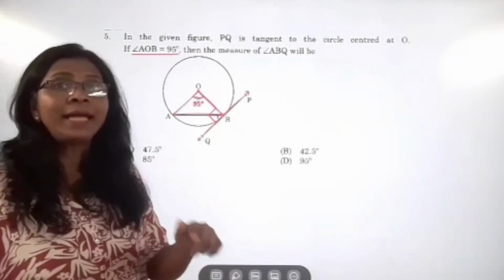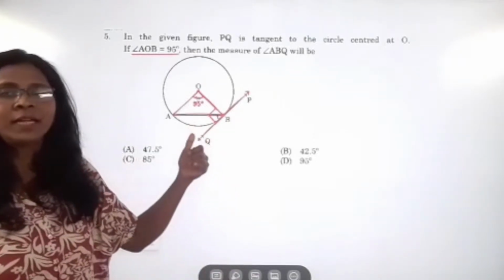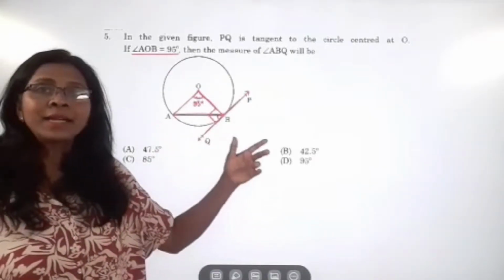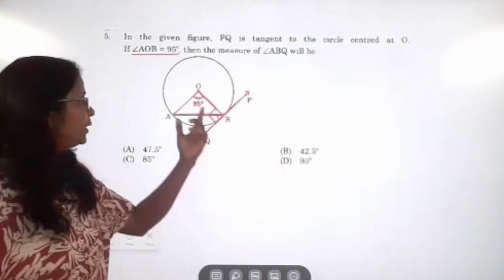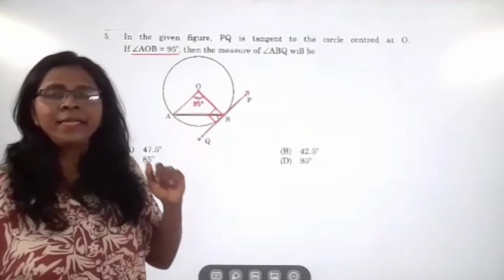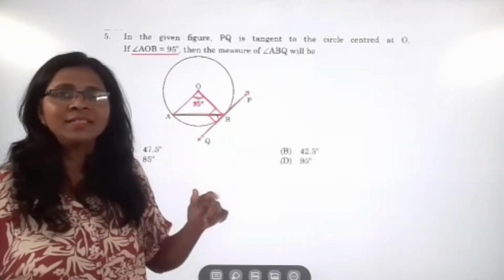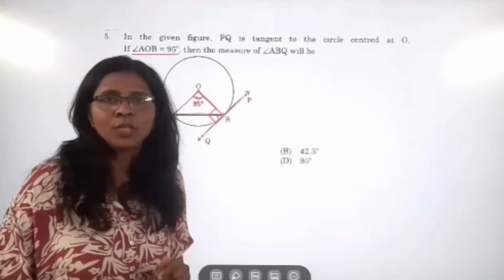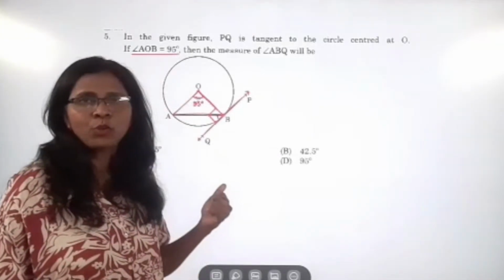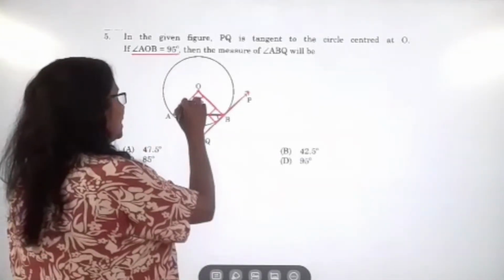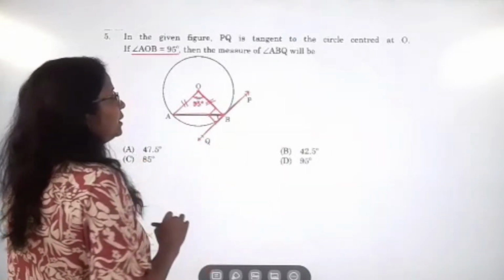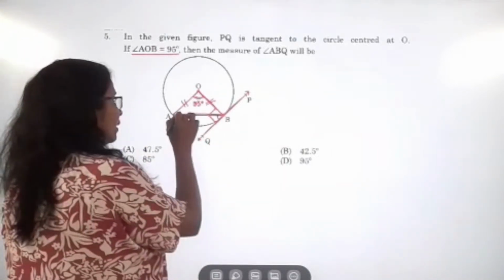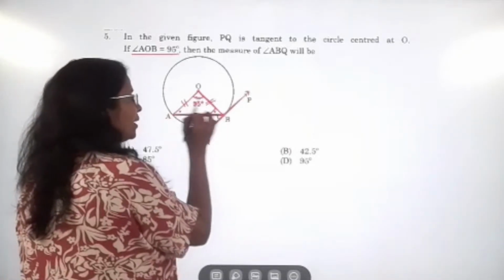And here students, as well as the triangle is given, and that triangle is triangle OAB. In triangle OAB, OA and OB are the radius, and that means this triangle is nothing but an isosceles triangle, because these radii are equal. These are isosceles triangle, and these angles are equal.